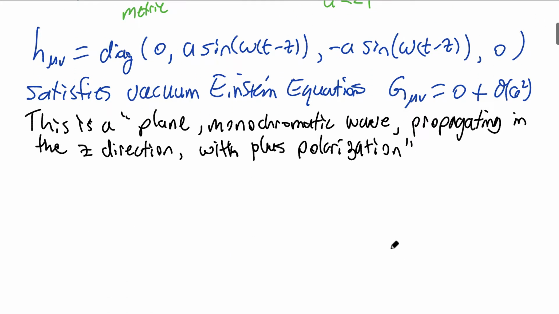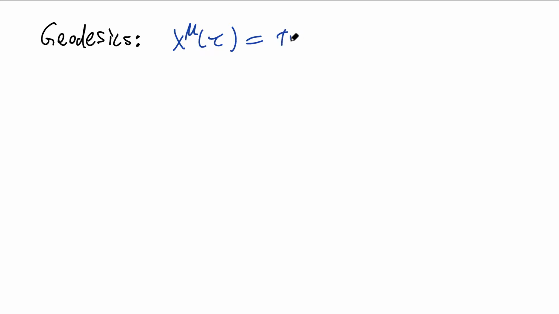Now in the last lecture we examined the geodesic equations. So let's let x mu of tau denote a time-like world line, where tau is proper time along the world line. And of course the space-time coordinates, the x mu's, are t, x, y, and z.